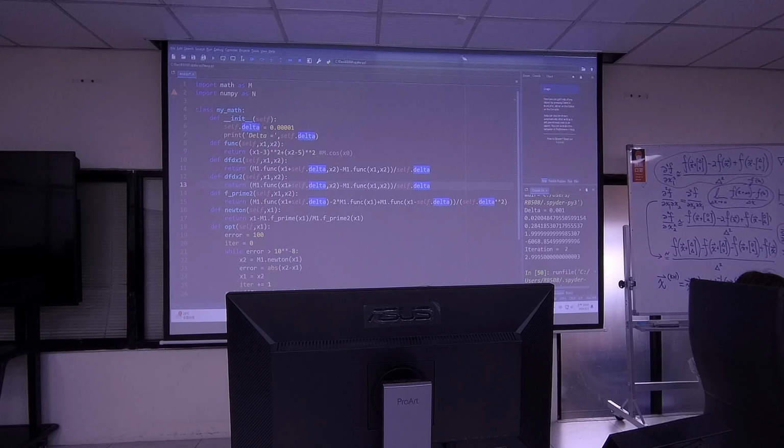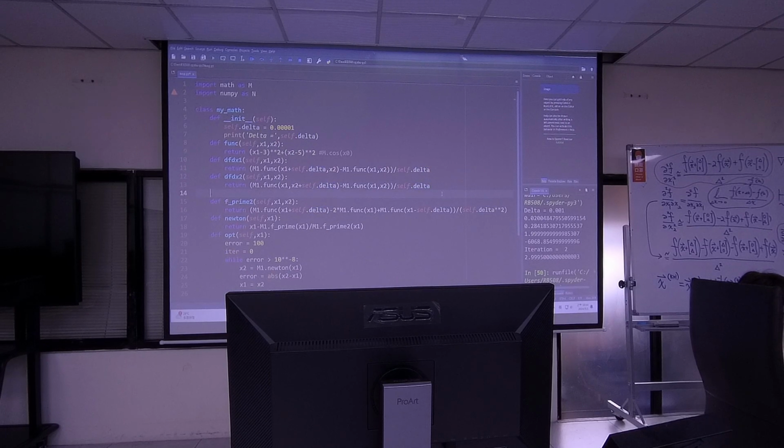Okay, and then I will show you what's the difference. So the difference is, when you do the partial derivative, you add the delta on x1 for df over dx1. And when you have the increment of delta on x2, you are doing df over dx2. Okay? So this is actually a vector, the gradient. So I'm going to define something called gradient.